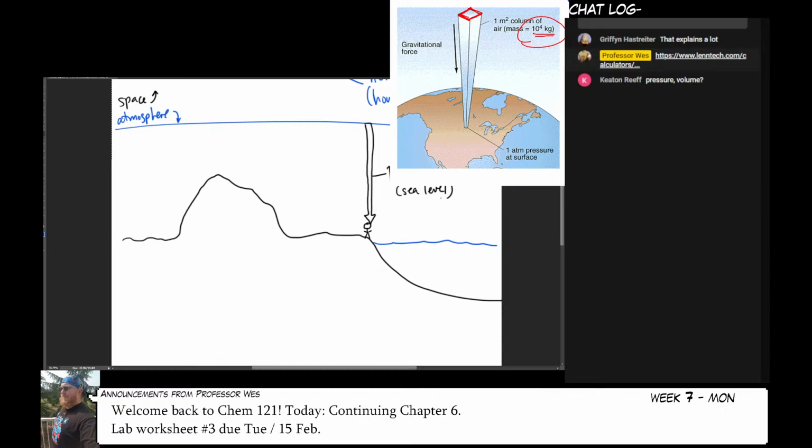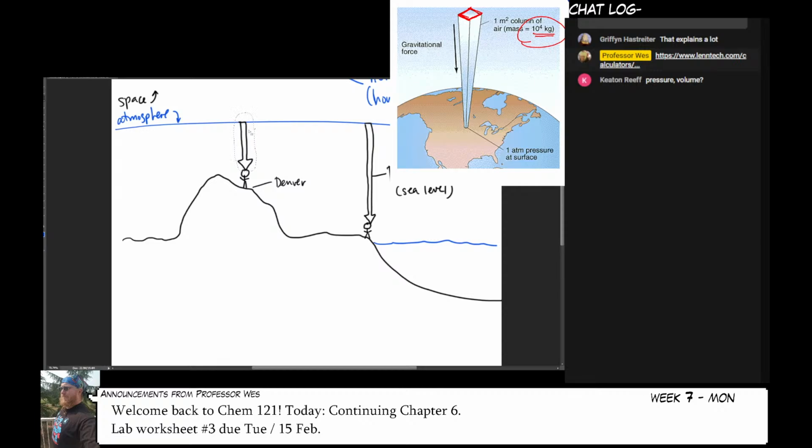Now, let's suppose you weren't at sea level. Let's suppose that you lived in Denver. Denver, Colorado is known as the Mile High City, because the elevation of the city is about 5,280 feet. If I were to measure the pressure that you feel in Denver, you can easily see, just look at what I'm going to do.